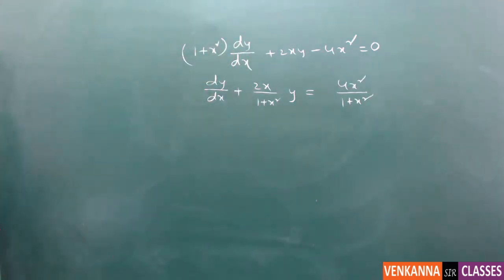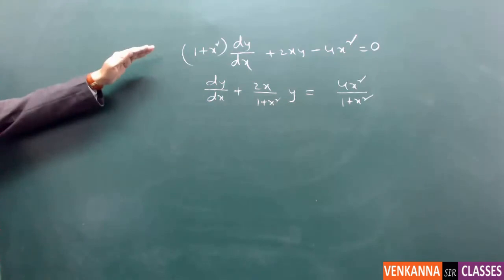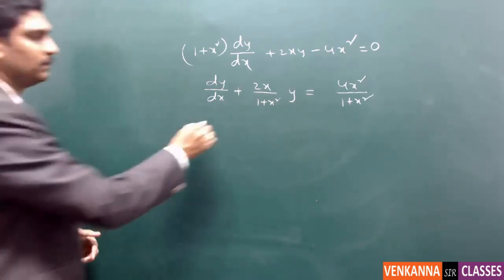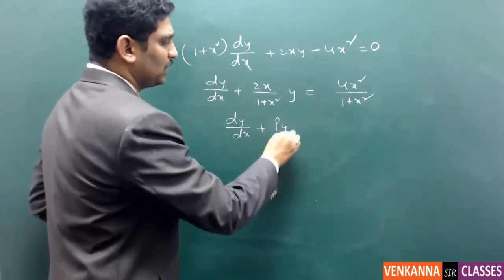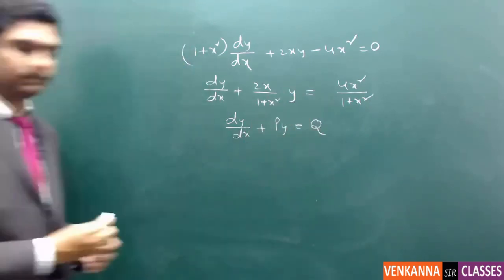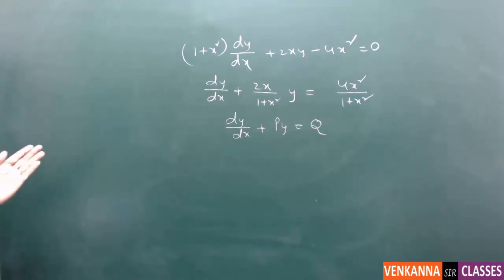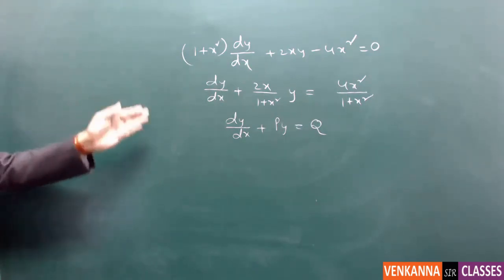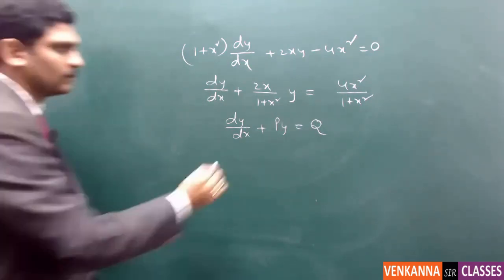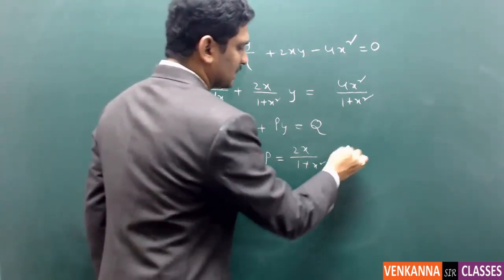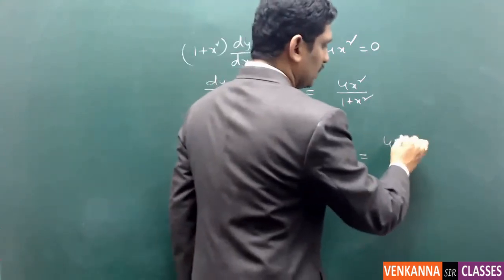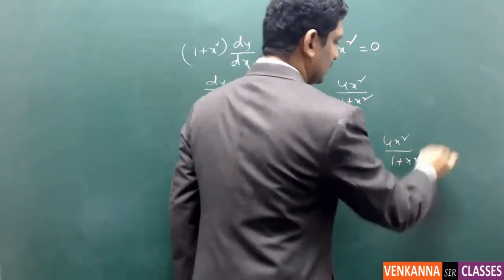So please understand that the given equation is converted into the form dy by dx plus P into y is equal to Q. After converting into this form, you do the respective procedure. So P equals 2x by 1 plus x square and Q equals 4x square by 1 plus x square.